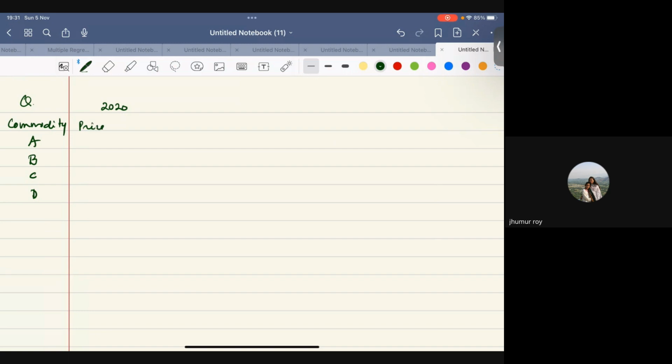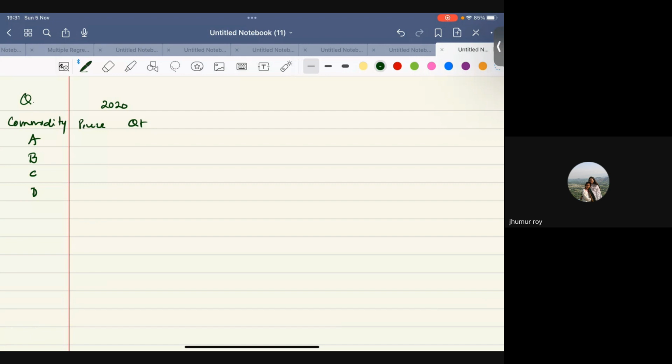Now this is the old time period. That's why this will be taken as, let me write it in another color so that you all can understand it better. So this will be taken as P0. This will be taken as Q0 because it is in the base year.